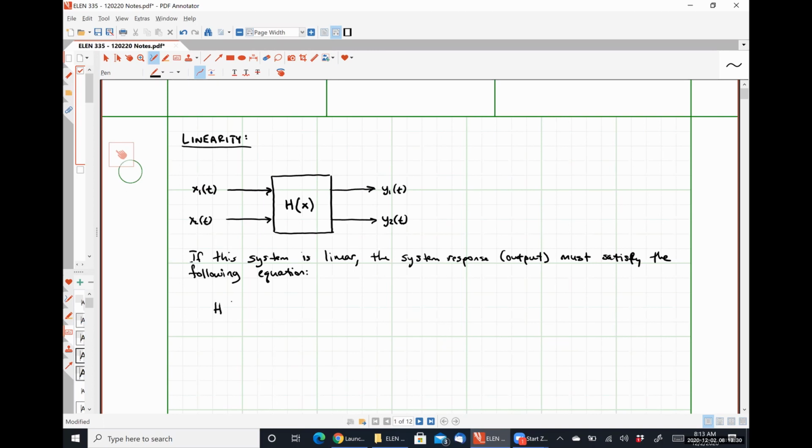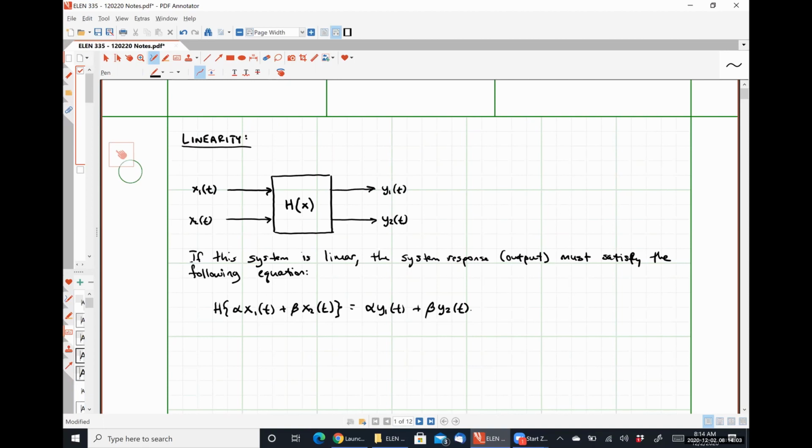H, our transfer function, acting on alpha times x1 of t plus beta times x2 of t will be equal to alpha y1 of t plus beta y2 of t.